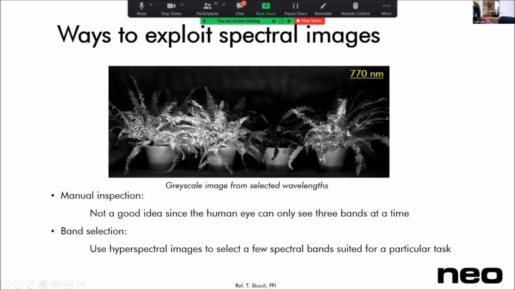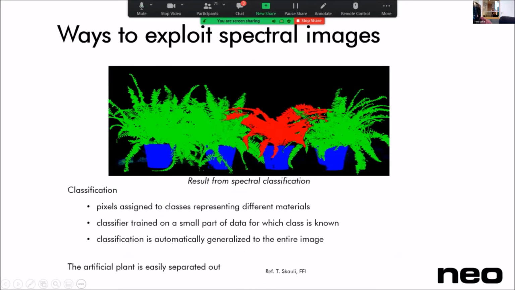It's very easy to spot the difference between the 4 plants, because one plastic plant does not have chlorophyll and has a lot lower radiance value or reflectance value also in that wavelength. So then you can do some simple classification to classify what is a plant, what is not a plant, and what is some other classes here as well.